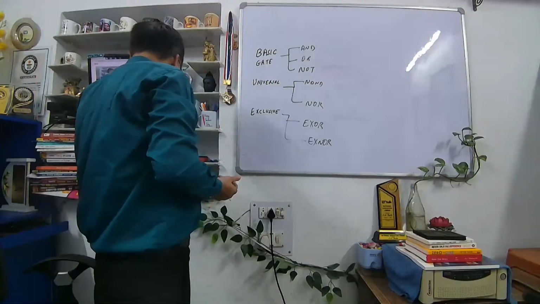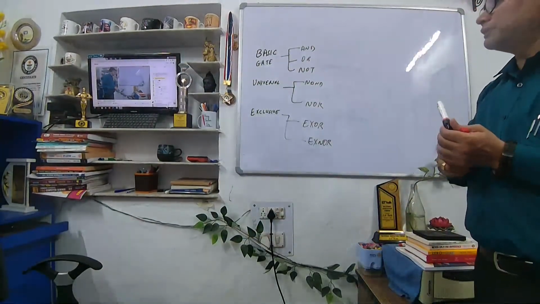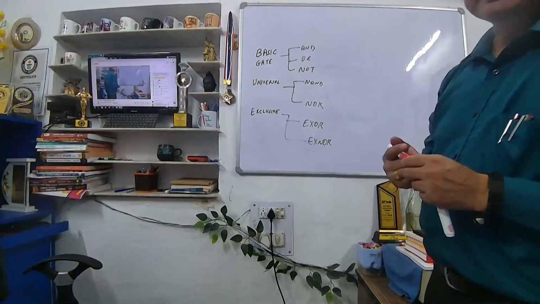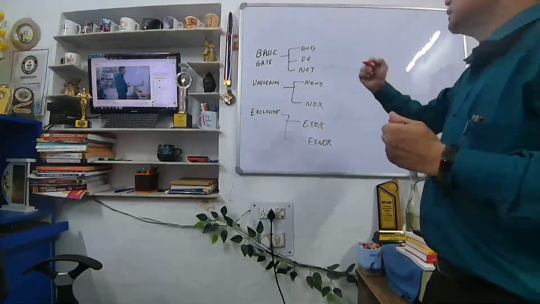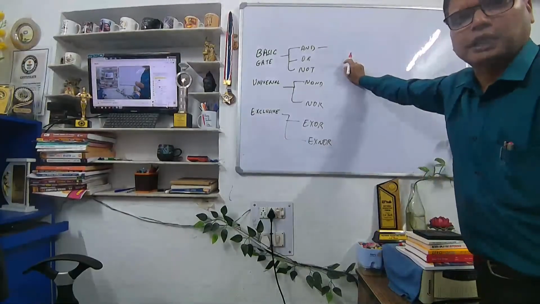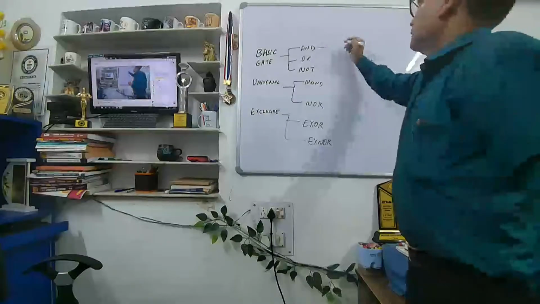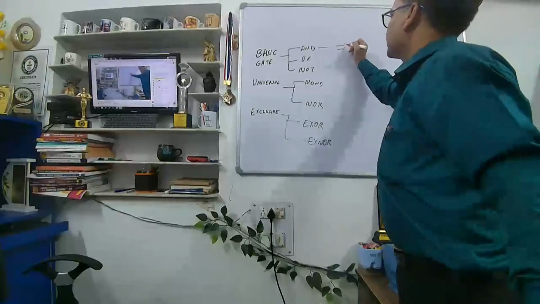Now, when we talk about the basic gates, AND, OR, and NOT. Now, when we talk about AND gate, what happens? AND gate gives a high output when all the inputs are high, right? The symbol of an AND gate is like this.